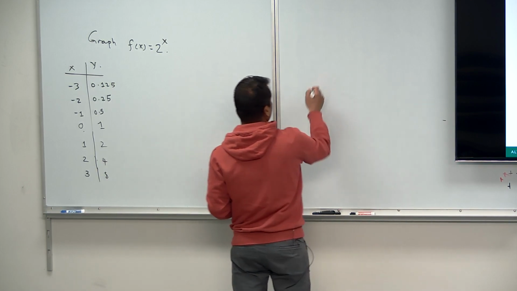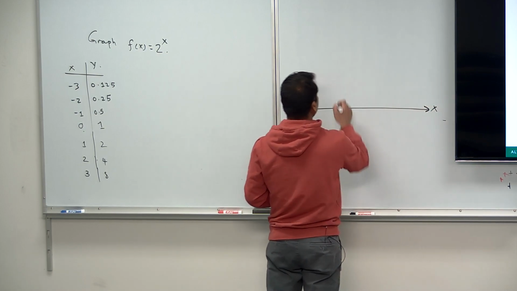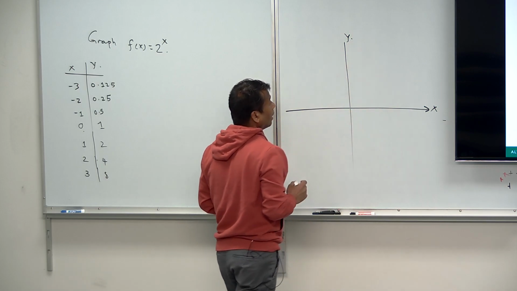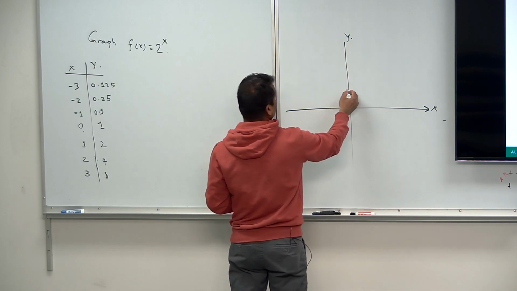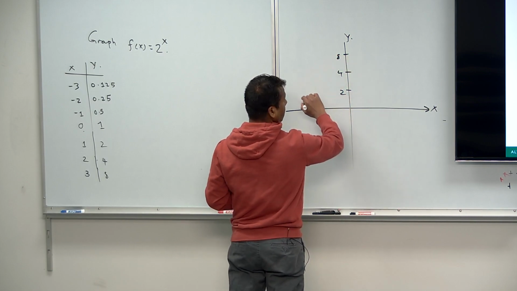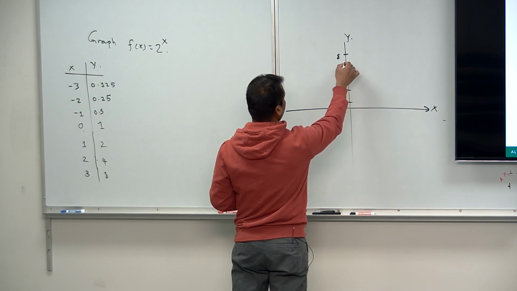So this is your x-axis. This is your y-axis. And let's say this is 2, 4, 8. And this is 1, 2, 3, 4.